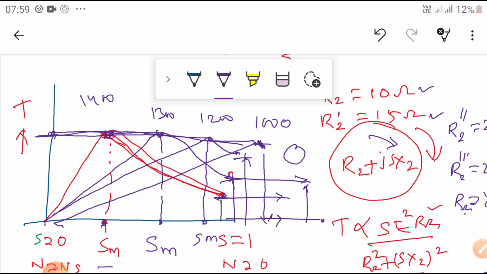This is how it works in a slip ring induction motor, just like in the DC series motor. The DC series motor has a high starting torque, whereas a shunt motor has a normal starting torque. If I require a three-phase induction motor with more starting torque, I can prefer the slip ring induction motor compared with the squirrel cage induction motor.